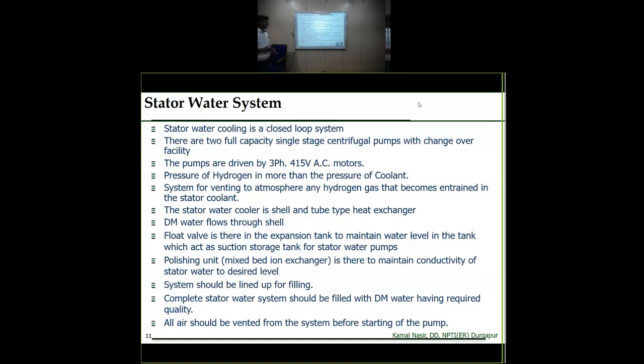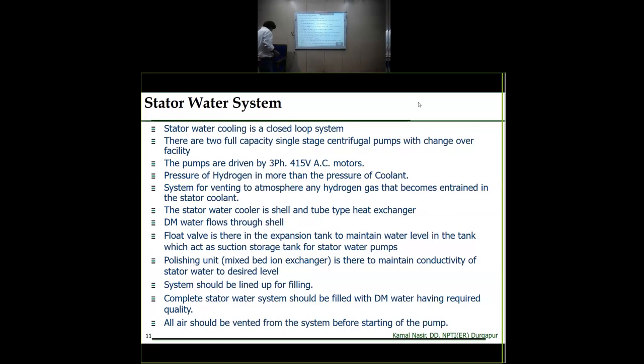Generally, we cool the stator, at higher capacity, by water, and the water is demineralized water that flows into the tube. There is no direct contact between the winding and the water.